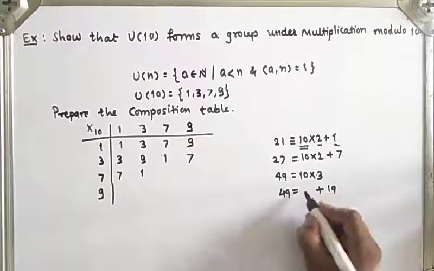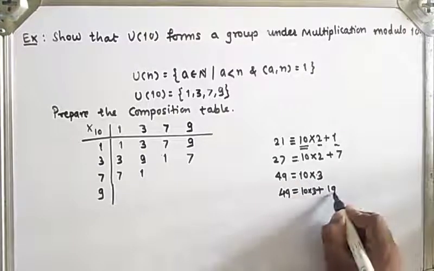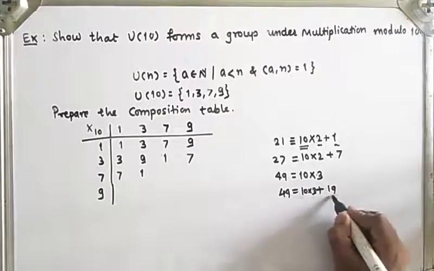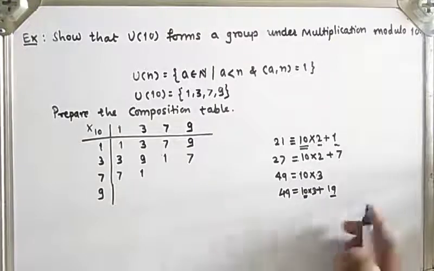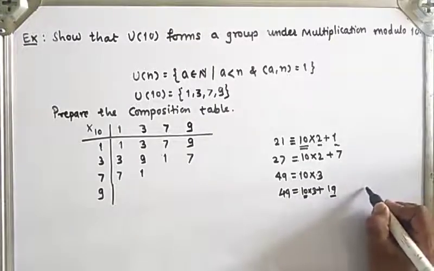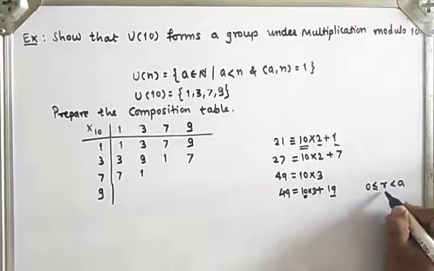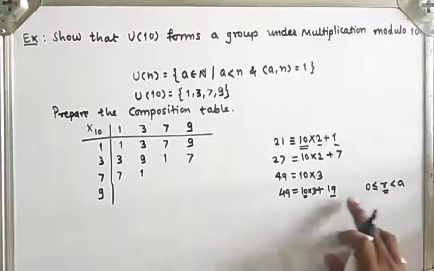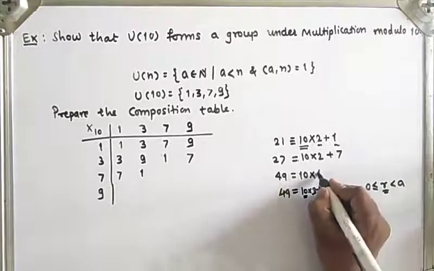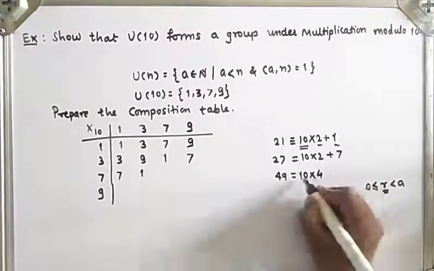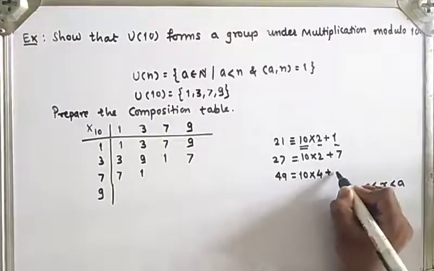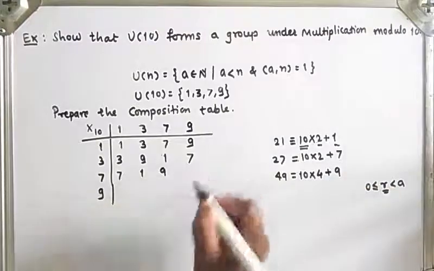That remainder is greater than 10, but we know that in the division algorithm the remainder should be less than the divisor. So here I will take quotient 4, and in this case I will get remainder 9. So here is 9.